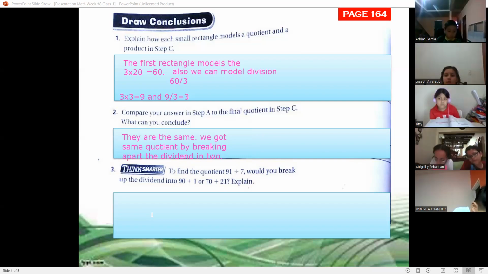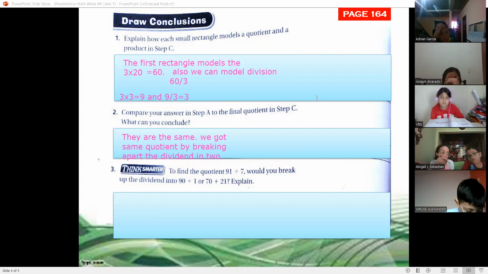Do you think that in the multiplication of 7, you're going to find a number that gives you 90? Think about that.